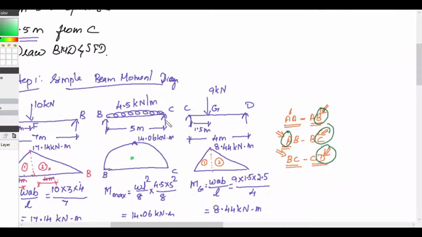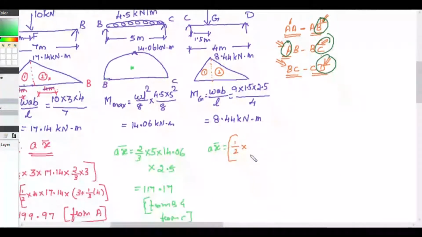Now we have BC and CD. So when we are considering this span, only from D is enough. There is no need of considering from C because we are not going to use it for our 3-moment equation. If you need it, you find it, and if it is necessary, you use it for your problem. So now we will calculate this from D alone.